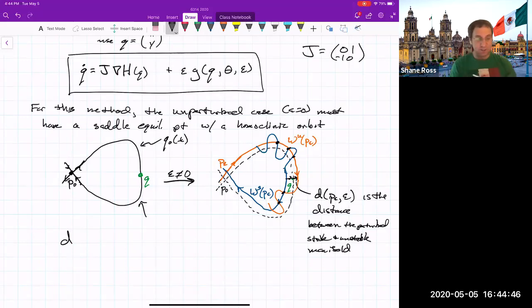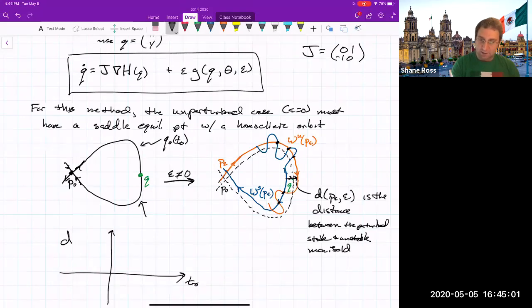When you turn on the perturbation, the distance will be a function of location along the trajectory, which we could call t0. So you would get some kind of thing that looks like that. If you have 1 zero, then you have to have an infinite number of them.